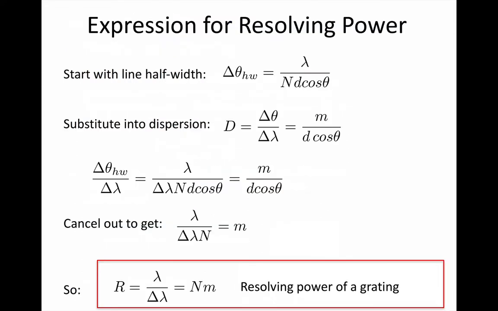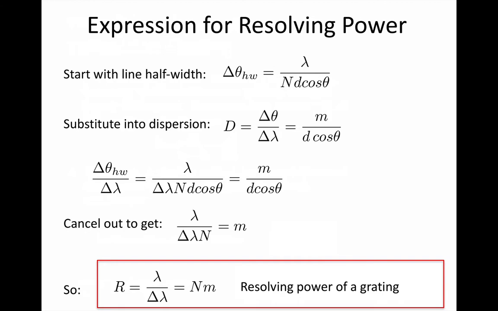Now we can find an expression for resolving power by going back to the equation we found for the half-width angle of one particular fringe. We start with the expression for the half-width angle of a line: delta theta half-width is lambda over N d cos theta.